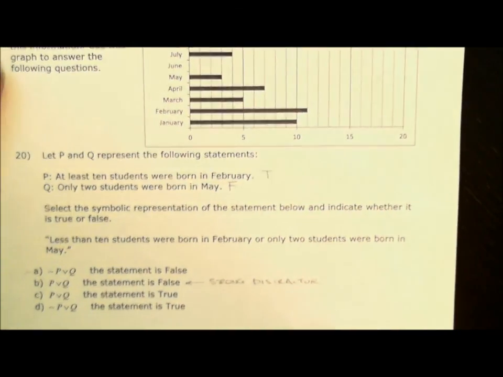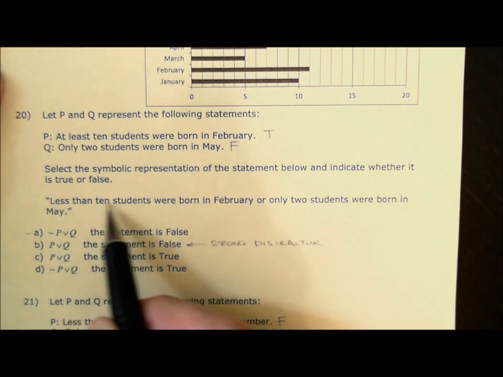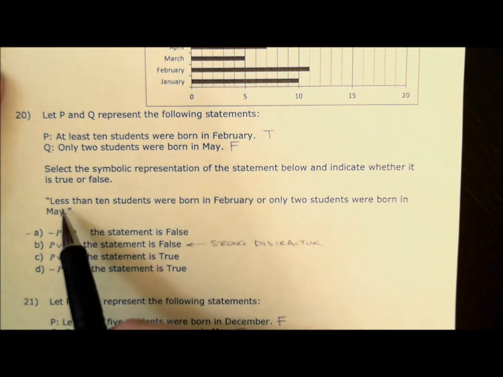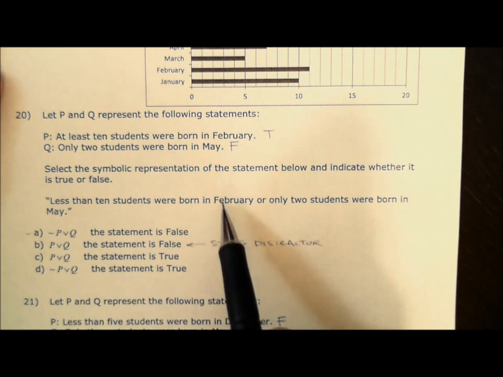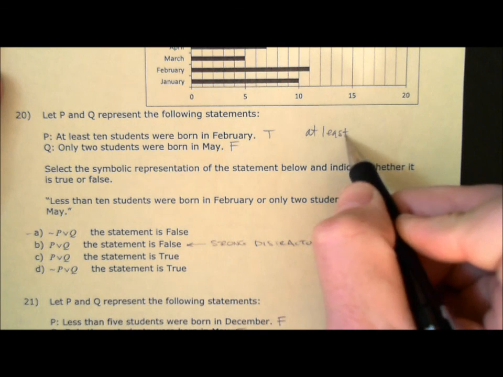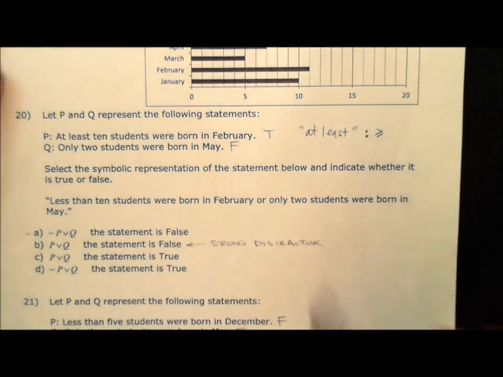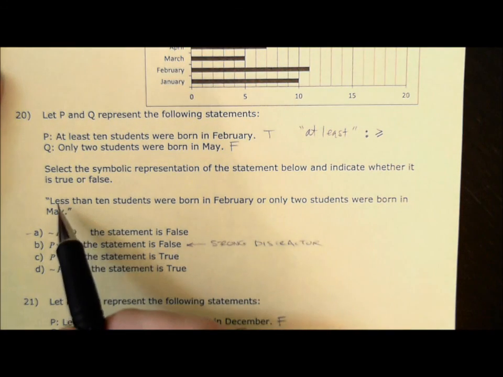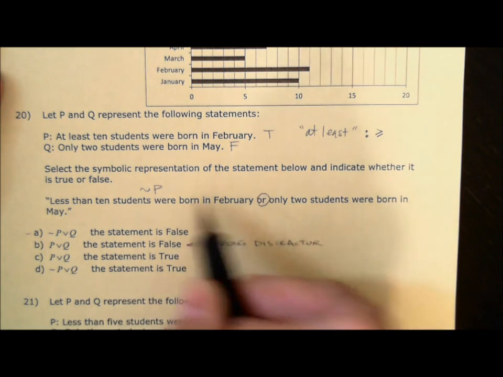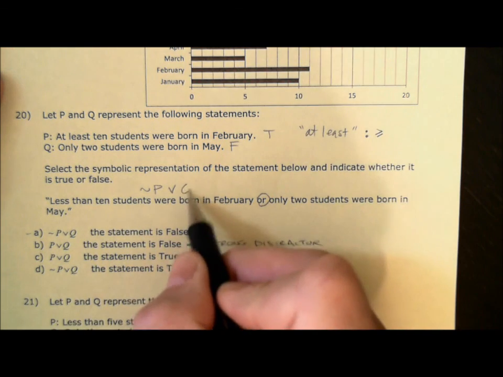So the first one said, construct the symbolic representation of this sentence using P's and Q's. Less than 10 students were born in February. Well, at least, remember, at least means greater than or equal to. So this is the negation of P. The negation of P, or only 2 students were born in May, that's Q itself.